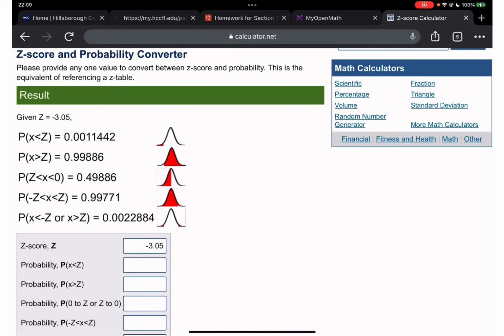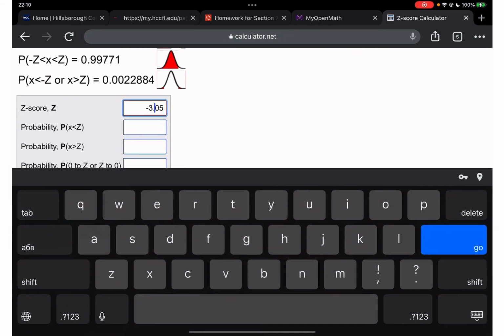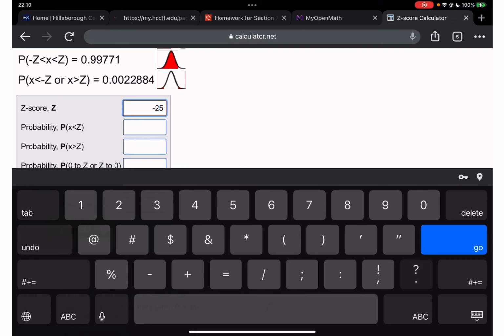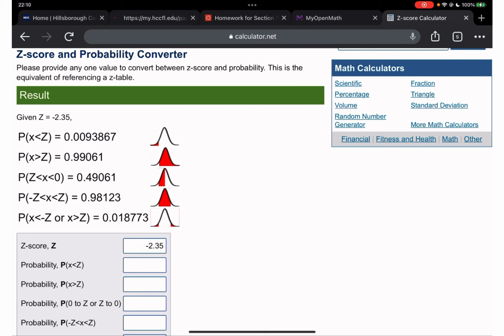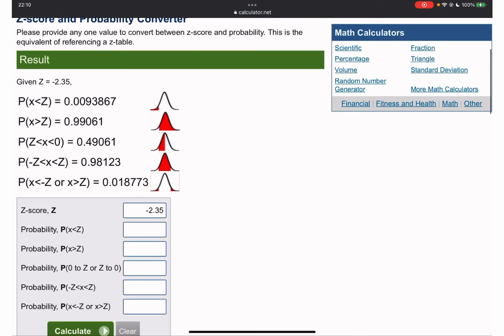So let's see, negative 2.35, and we are getting 0.018, I could say 0.02, up to 2 decimals, right?